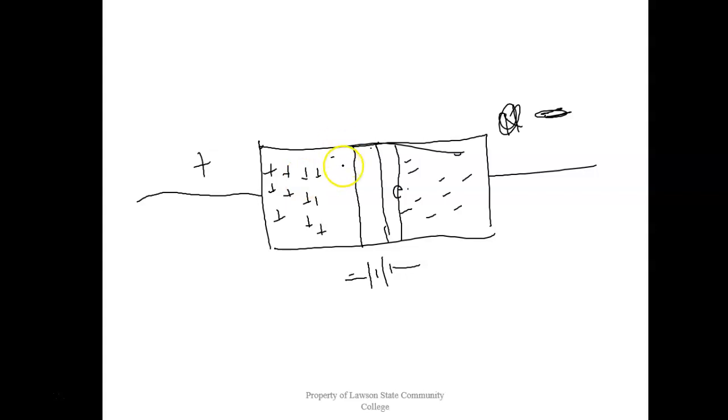They repel. So that's going to start pushing these guys into the depletion region. This minus is going to start pushing these into here. And eventually the depletion region is going to collapse once we exceed whatever that voltage is, right there.